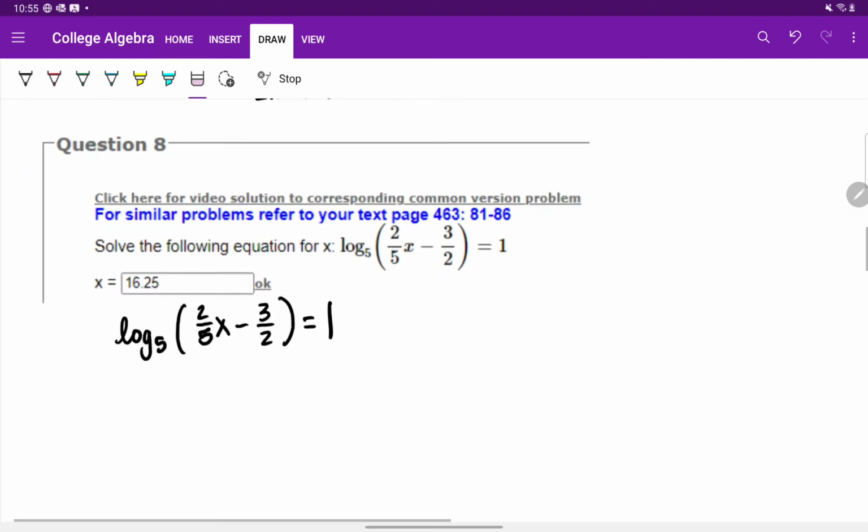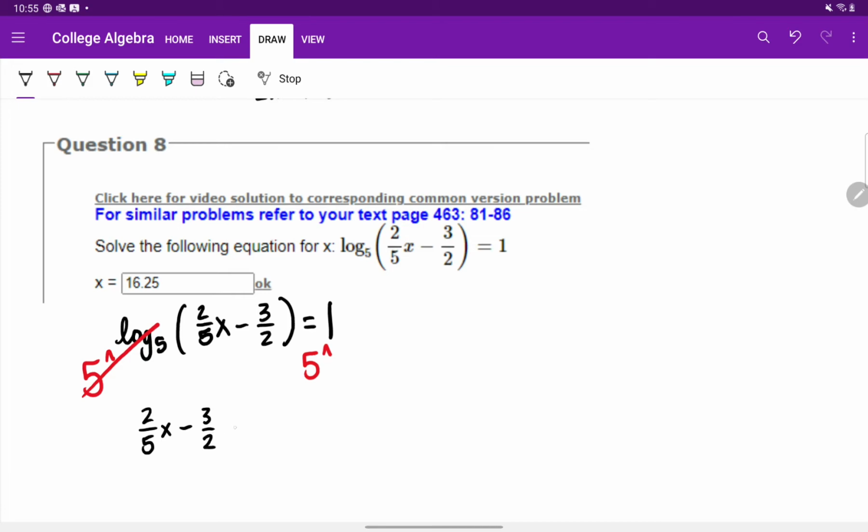In the example we're on right now, we don't have a base of e. We have a base of 5. So to eliminate this logarithm, I have to take 5 to the power of both sides. So on the left, 5 to the power of log base 5 are going to cancel. So we end up just with 2/5 x minus 3/2 on the left, and 5 to the power of 1 on the right.